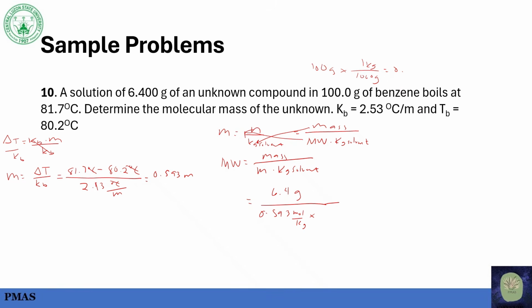This is 0.1 kilogram. Now we can cancel the kilogram, leaving us with grams per mole, which is the unit of molecular weight. Now, using a calculator, it should be 107.95 grams per mole. Okay?